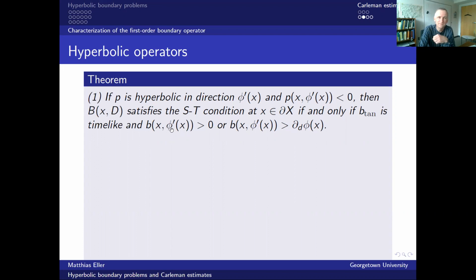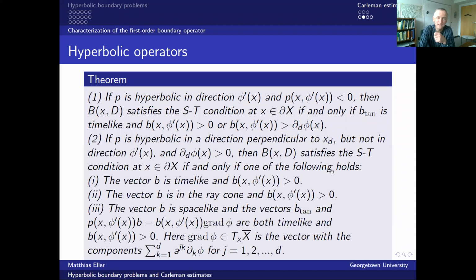And then I get basically the condition which Gårding already pointed out. It's a little bit more general, but it's essentially what Gårding did in 1977. And now, if it's hyperbolic, but not in direction phi prime, that's actually what I'm interested in for boundary control, or when I talk about unique continuation, because I want to have it for an ill-posed lateral Cauchy problem.